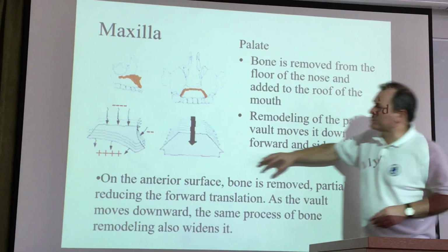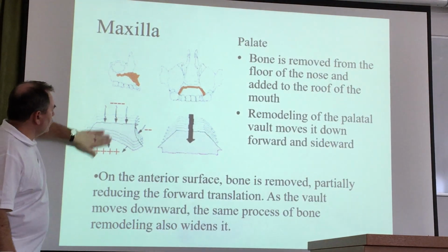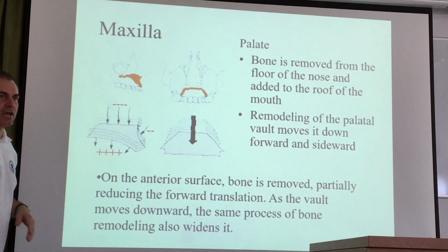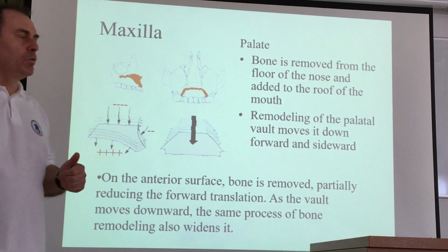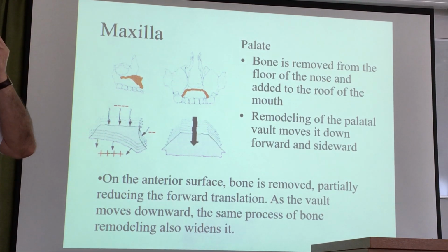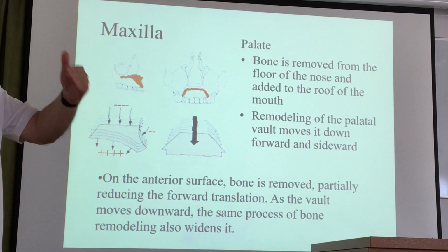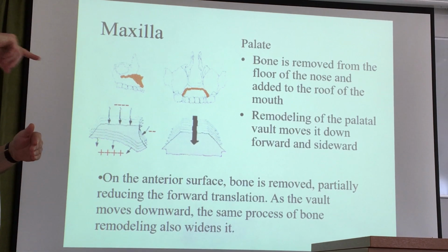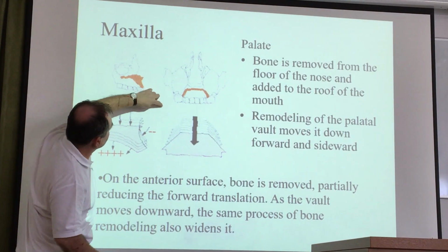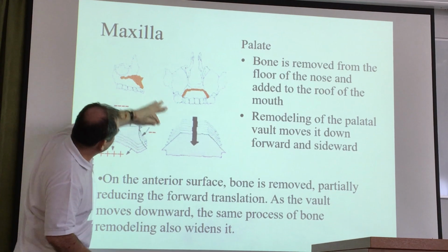In normal growth of the palate, you can see that new bone is forming here on the oral side, and the bone is removed from the nasal side. The whole maxilla is growing downward and forward, so in this direction. This is the final growing direction, down and forward.